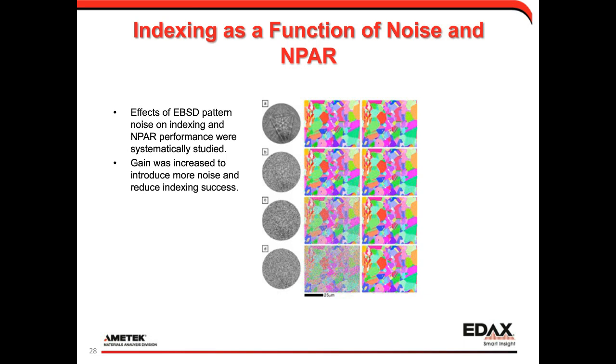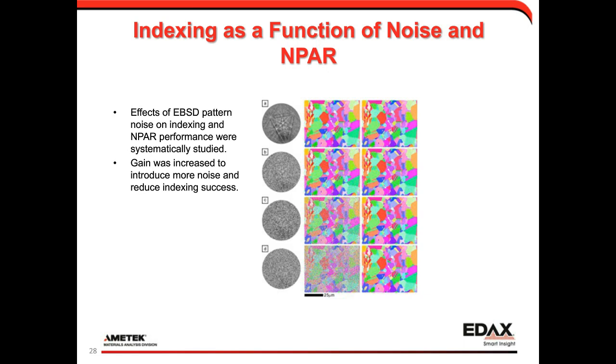On the left, we have the patterns themselves, A, B, C, and D. We're increasing our gain, we're lowering our pattern quality. The first sets of maps in the middle row are just the raw data. And what I can see with that raw data, without running it through NPAR, is that I am still getting a lot of high consistency data, even with high noise.